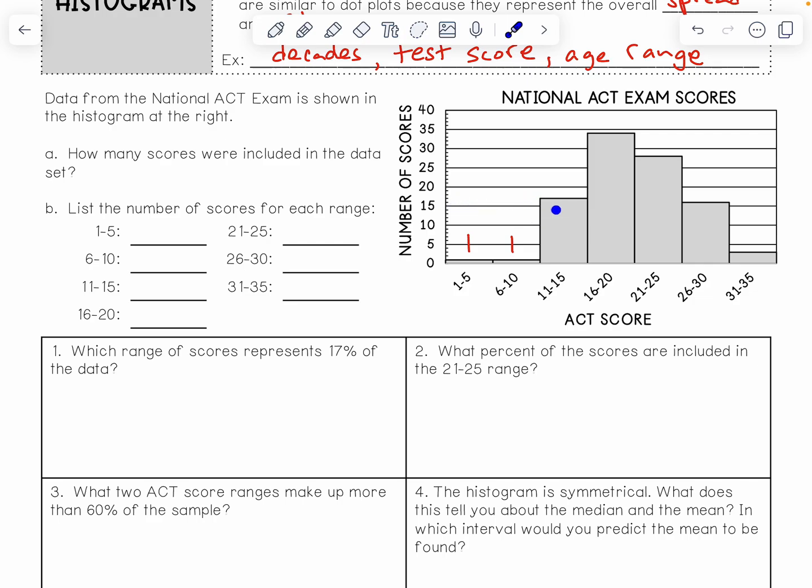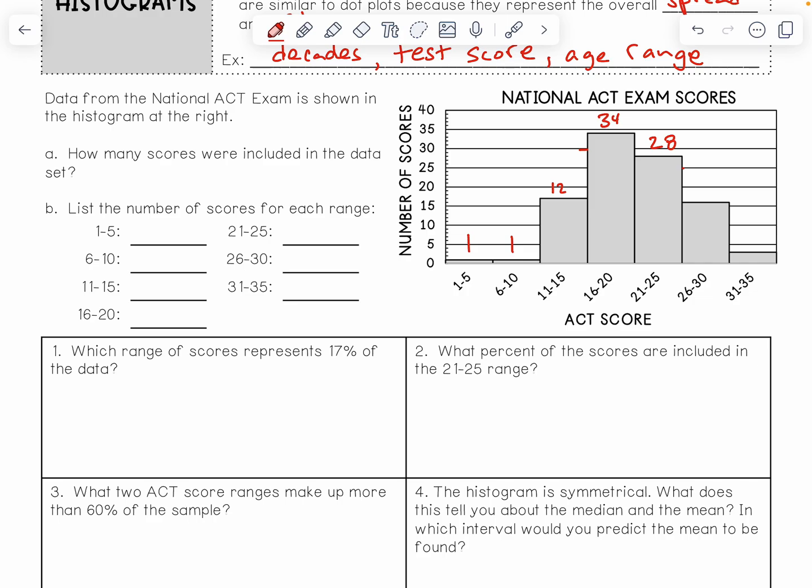I'm guessing 12 people, not 13, because it looks like a little bit less than half. This looks like 34. This number is 25. This looks like 28 people scored in that range.